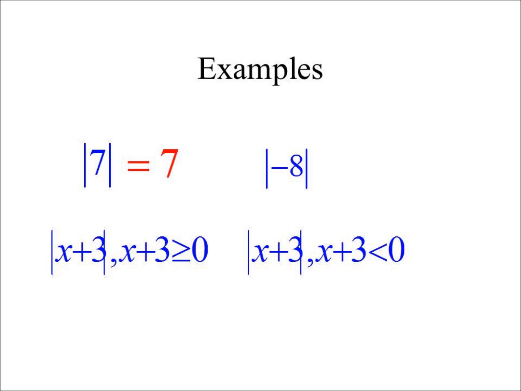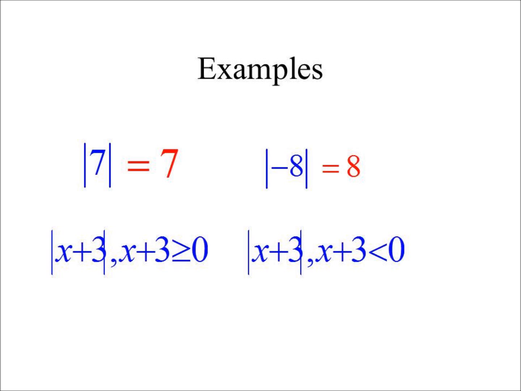For the next one, absolute value of -8, we take the opposite of -8, +8, and that's our value for the absolute value of -8. Pretty easy, huh? That's exactly what you learned to do in Algebra 1.